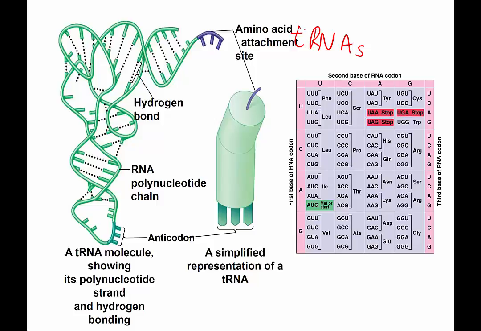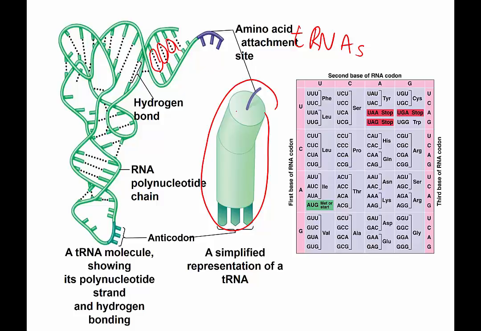Here you can see hydrogen bonds between bases. So we saw with messenger RNA, that's a single-stranded piece of RNA. Here, though, in this tRNA, we actually have 3D structure. So we actually have hydrogen bonding, making this into the shape we see right here. So it's sort of this L-shaped configuration.